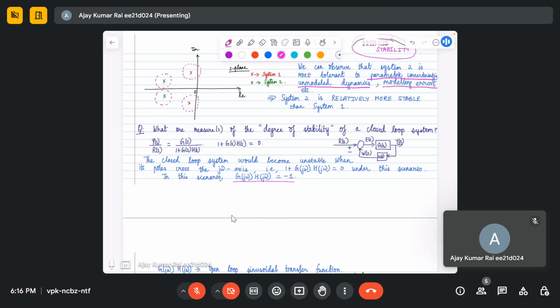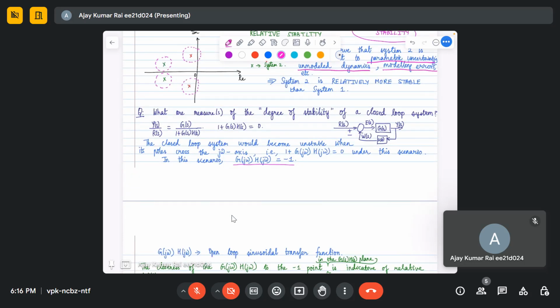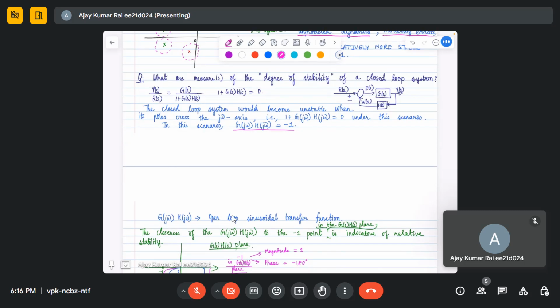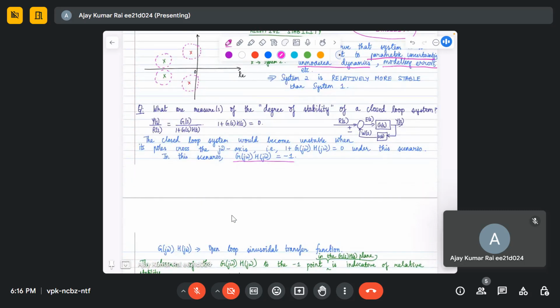So how to define this in terms of some variables? How to quantify this relative stability? We know when the system becomes unstable: when its closed loop poles are lying in the right half plane.